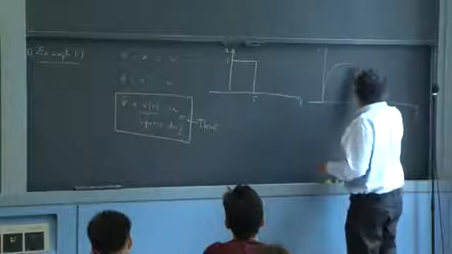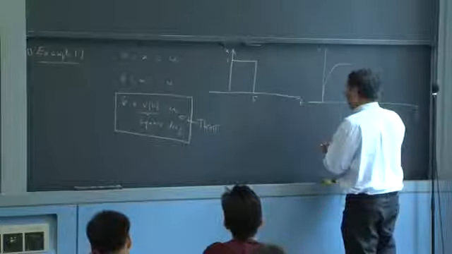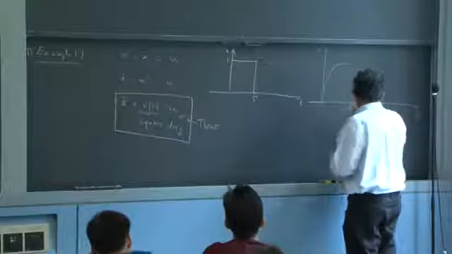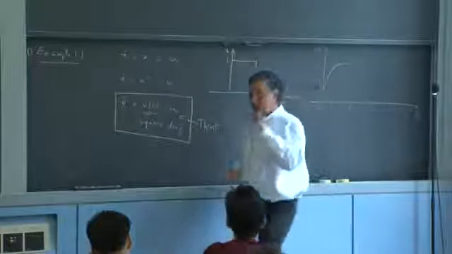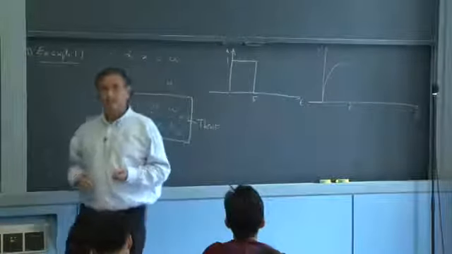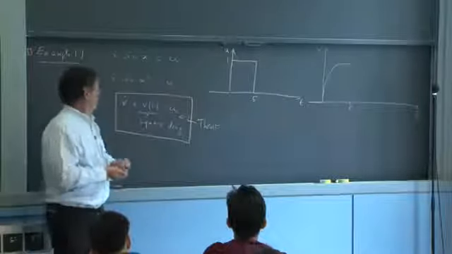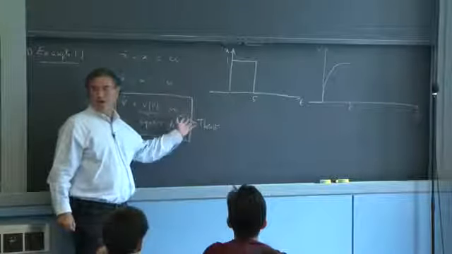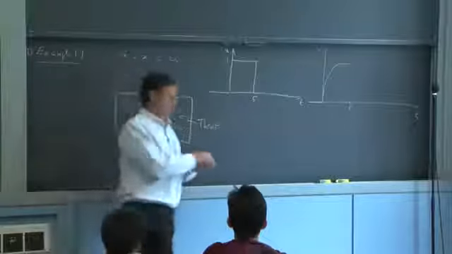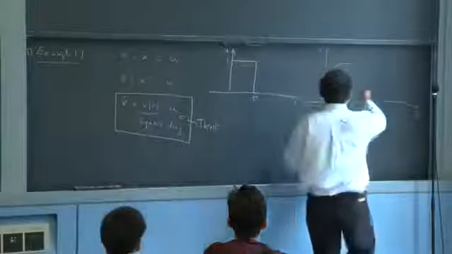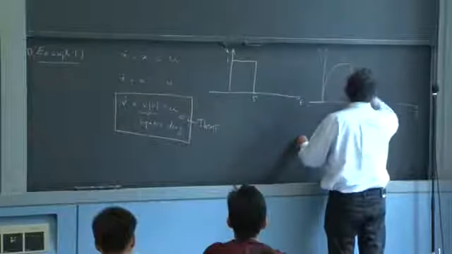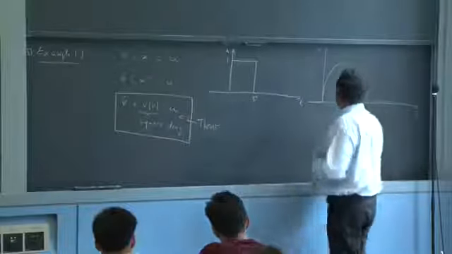And then we have this 5 seconds here. What happens after 5 seconds? You remove the thrust, so you're left with only the drag. So basically you go down, back to 0.